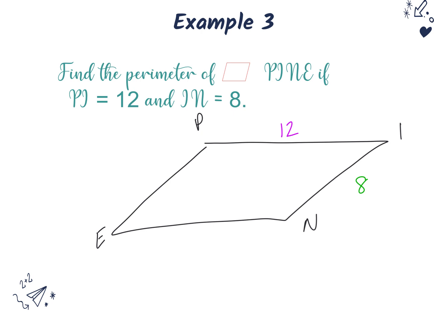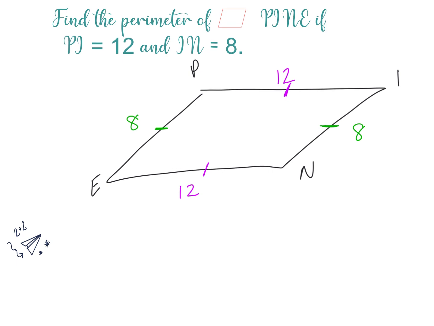If this side is 8, what should the other side be? 8. If this side is 12, what should the other side be? 12. How would I find the perimeter? Add all of them together. That's it. 12 plus 12 plus 8 plus 8. If you add them, what would you get? Good. 40 units. That's all you had to do for this one. You guys could do that one.